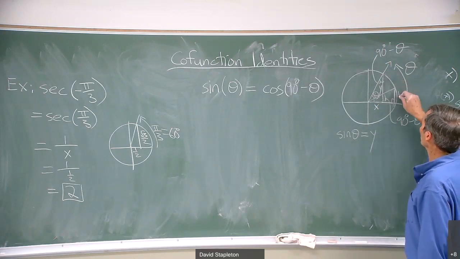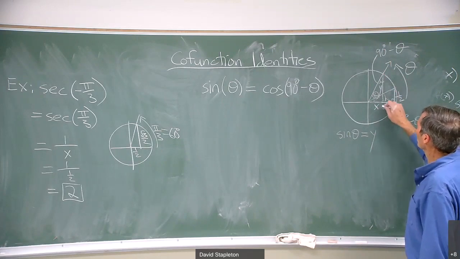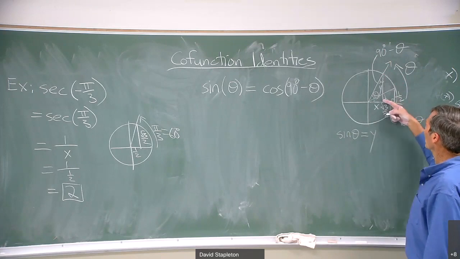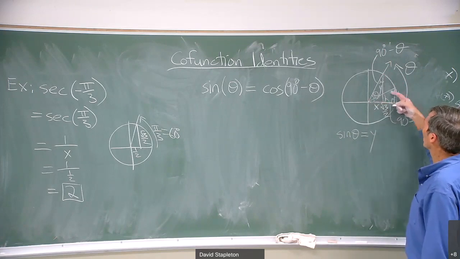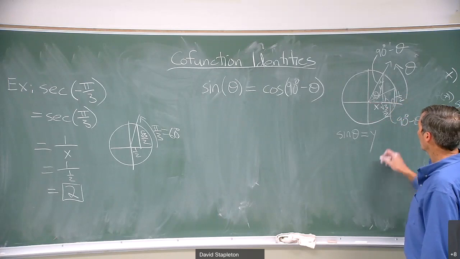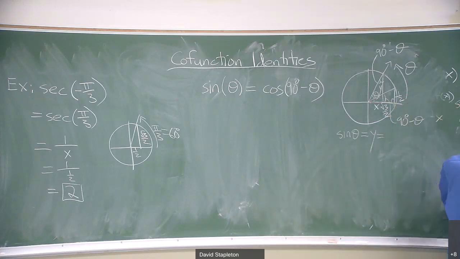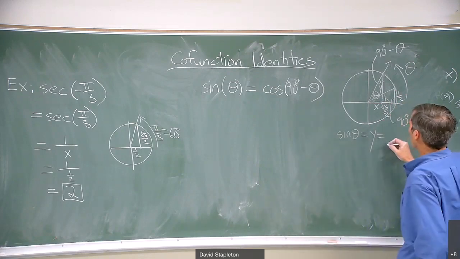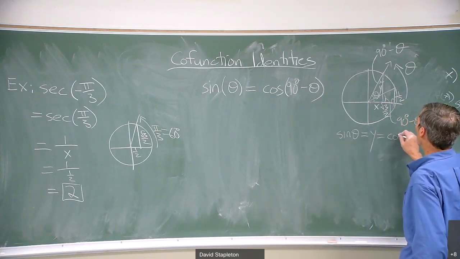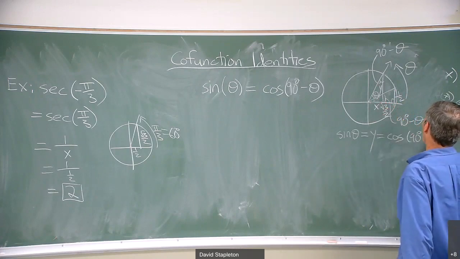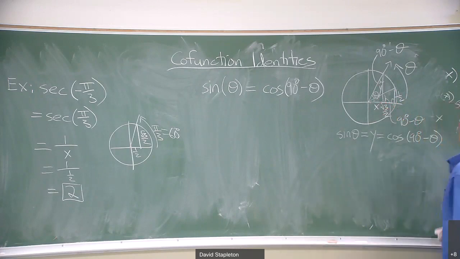And that means that this one is now a half, and this one is square root 3 over 2. So if sine theta is the y coordinate, that's the same as the x coordinate on this triangle flipped this way. So it's the cosine of this angle here, which is 90 minus theta. I'm going to do this again when we do triangles, and this will be a little easier to follow.